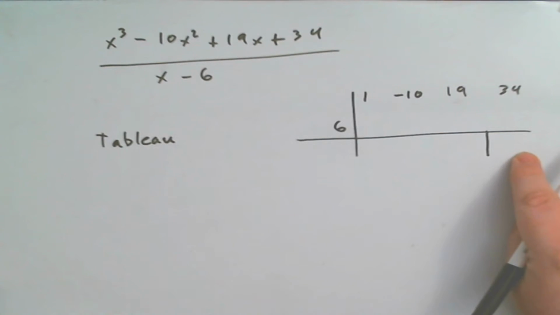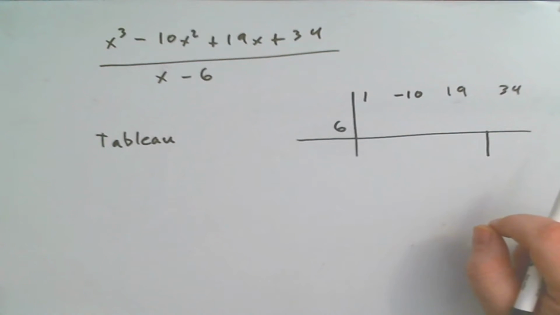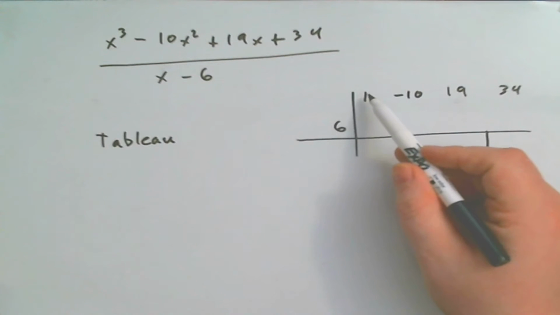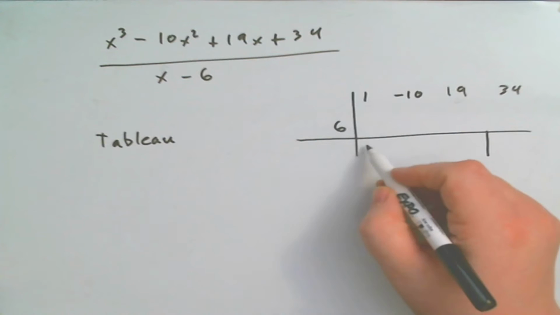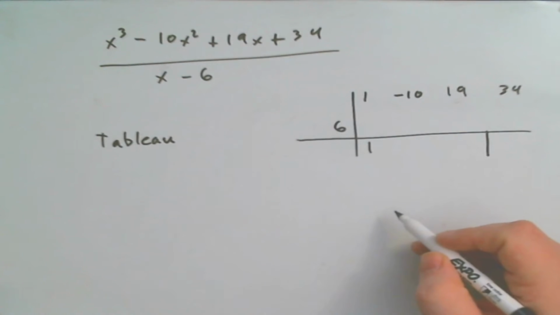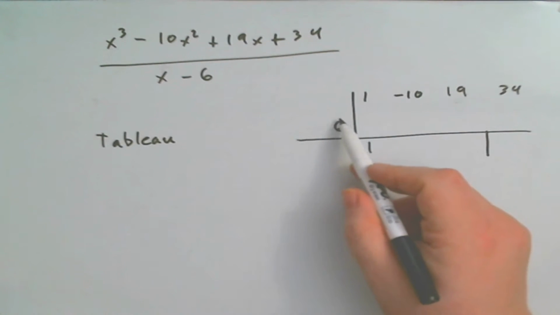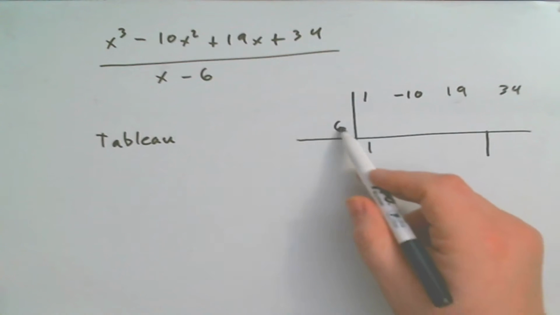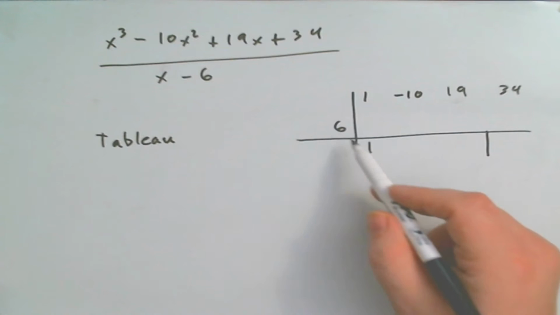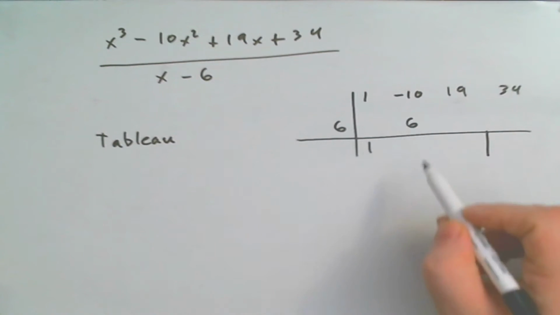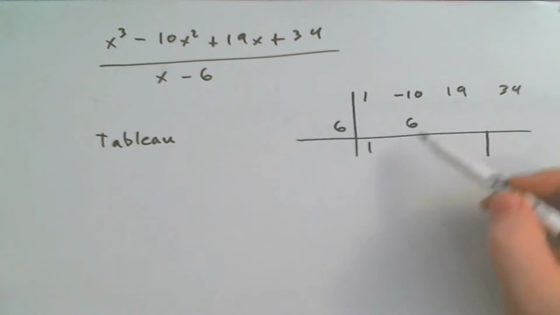Okay, so now let's begin with the process. We begin by taking this 1 and simply bringing it straight down. Don't do anything with it. Then we take our divisor and multiply. Whatever we bring down this column, we're going to multiply. 6 times 1 gives me 6. And then we add the next column.